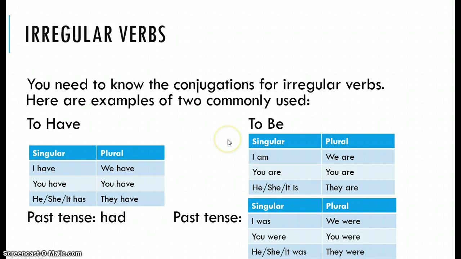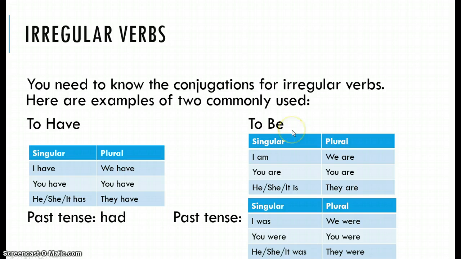So I've put a couple of the most common irregular verbs, to have and to be. If this is not second nature to you, you really ought to pause the tape right here and write it down. Because we use have to be plural and singular, and has is only singular. And then if we're going to do the past tense of this verb, it's only had.